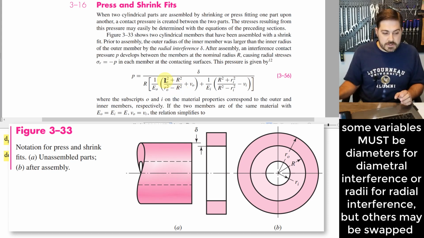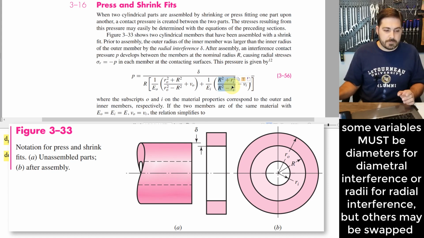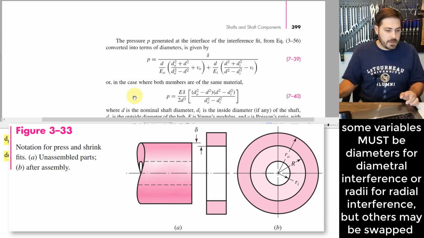So in these two pieces, I am free to either use diameters or radius values. It doesn't really matter which I use as long as I'm consistent within each one of those fractions. Whereas over here, if I want a radial interference, that's got to be a radius. And if I want a diameter, then this has to be a diameter that you see here.